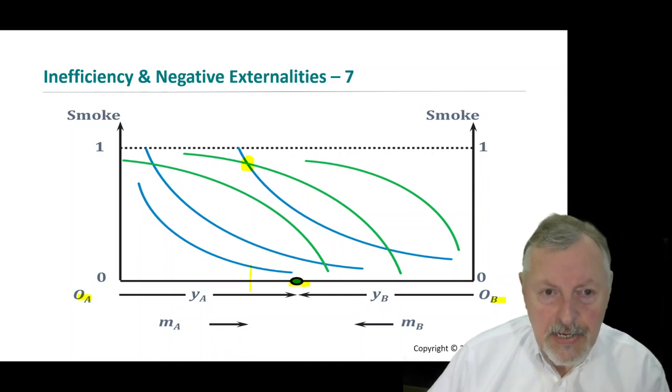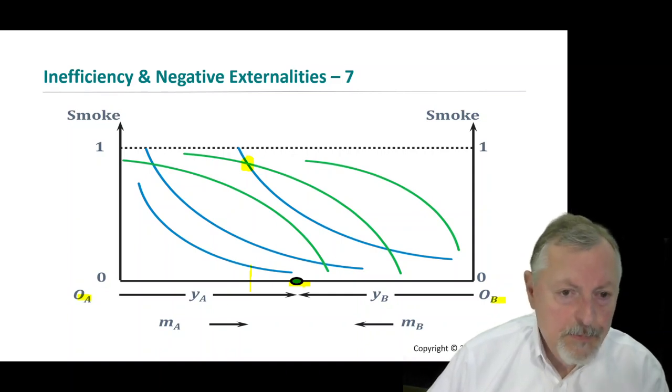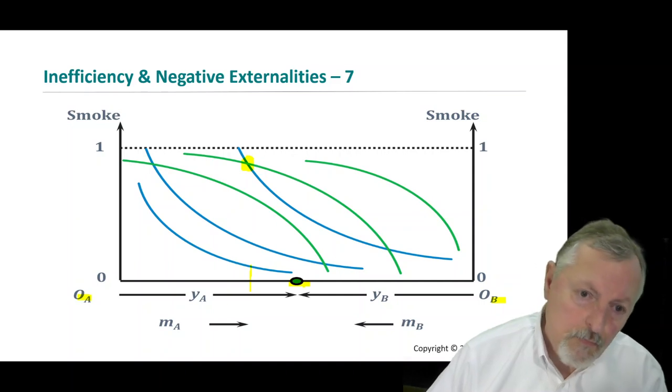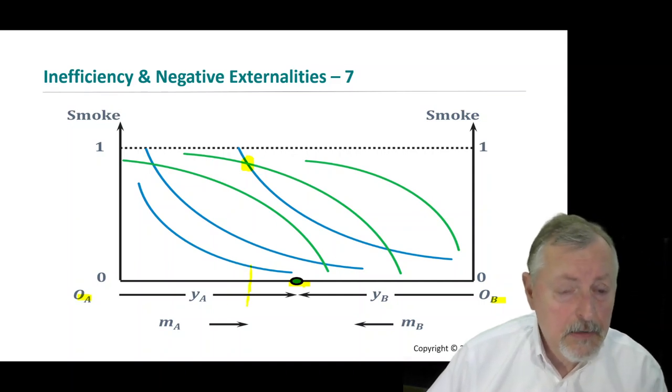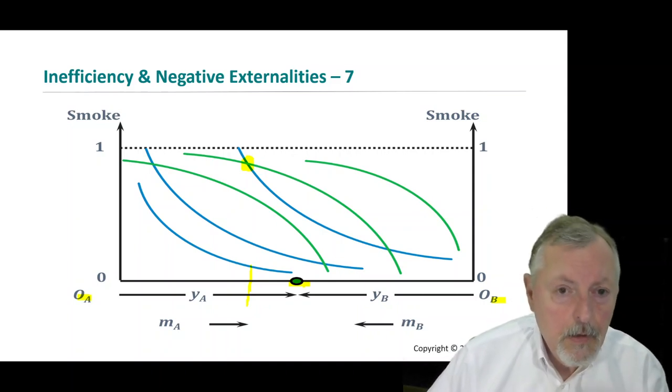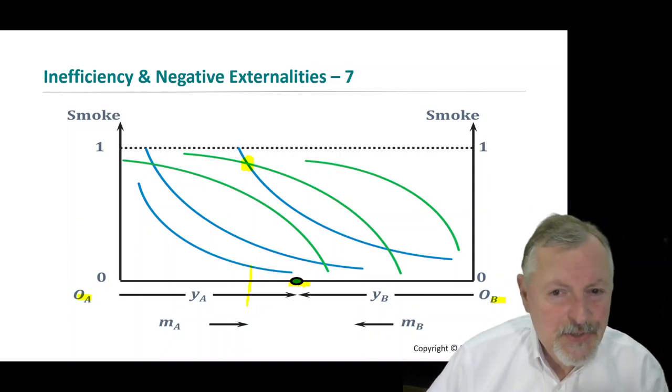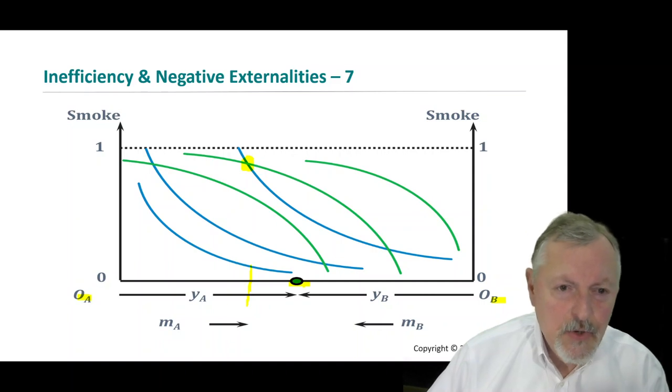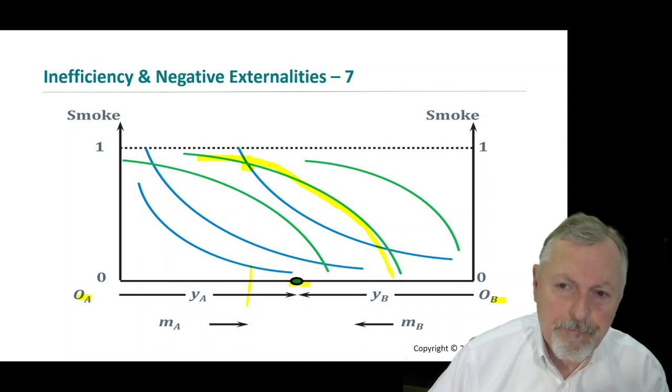For person B, this person has more money than person A does, about 60% of the money. But this smoke is bad, so this person is only on this indifference curve here.